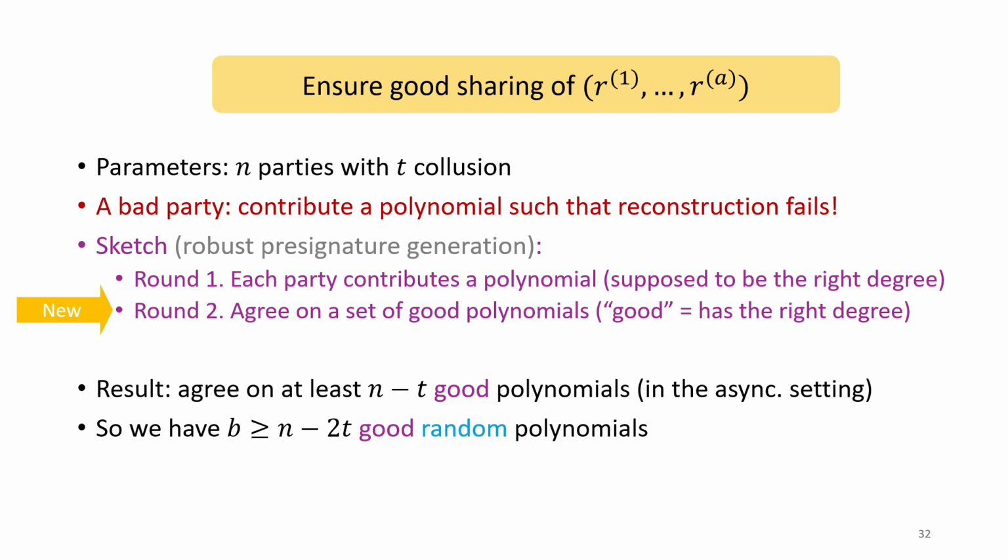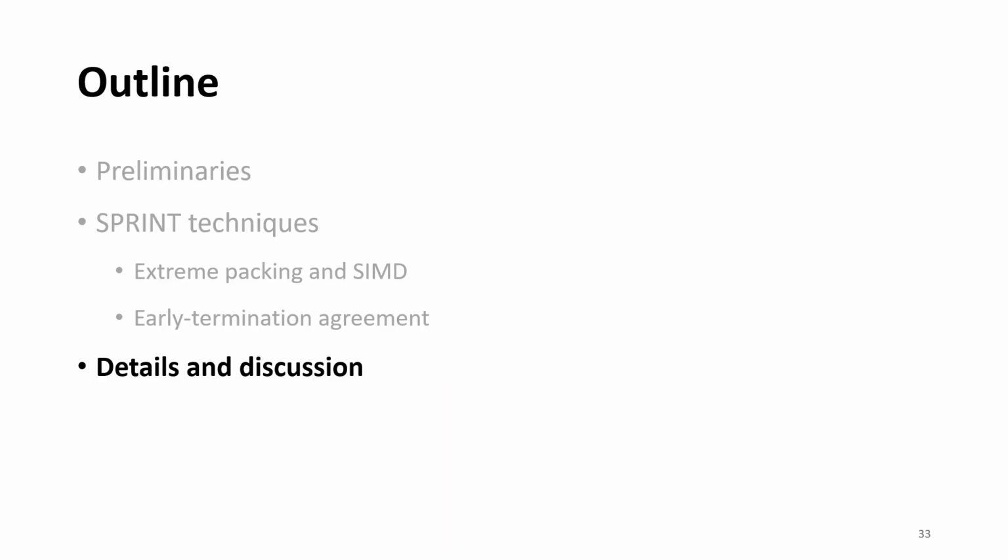Combining with the previous techniques, we can get at least n minus 2t good random polynomials. This is the randomness for signing that we can have. Combined with the packed secret sharing, we can get a times n minus 2t signatures. And this is the number that we stated in the main theorem before.